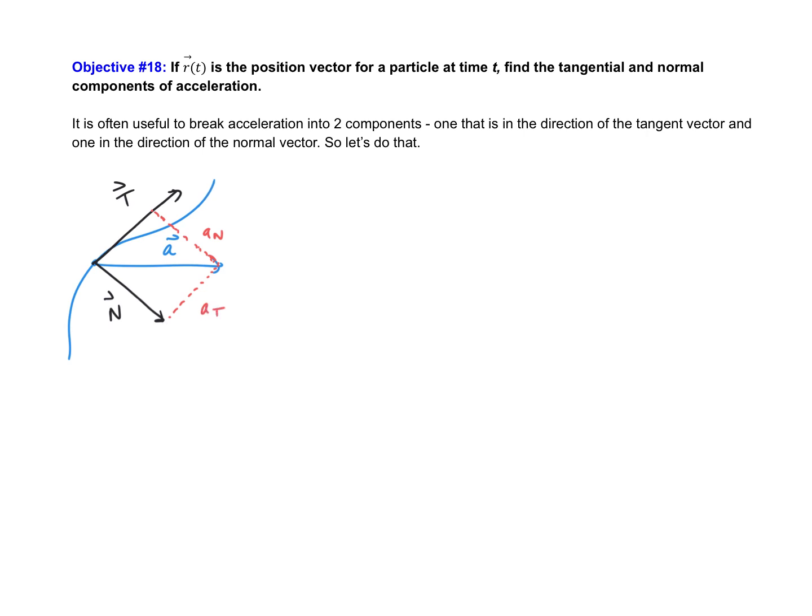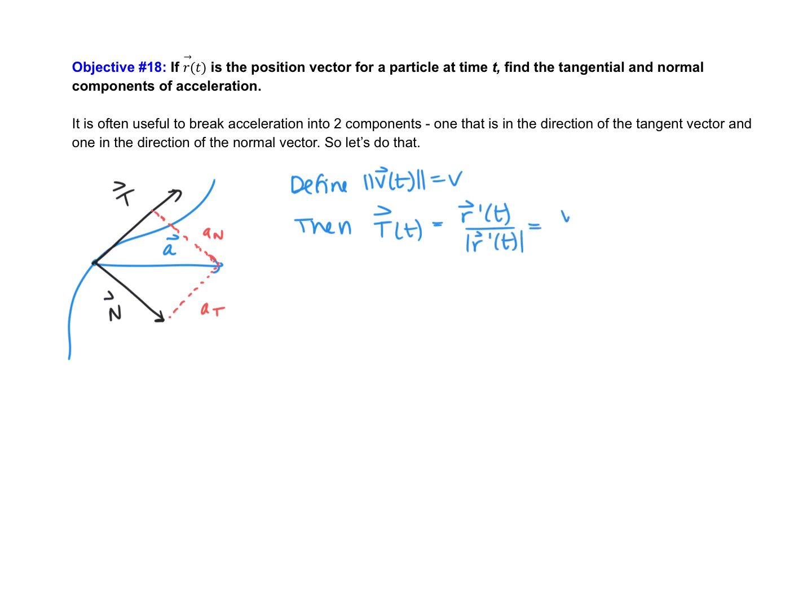So that's what we're going to take a look at doing. We are going to define the magnitude of velocity as just v. So if we start with our unit tangent vector, we know that it is the derivative of r divided by its magnitude, of course, to make it a unit vector.